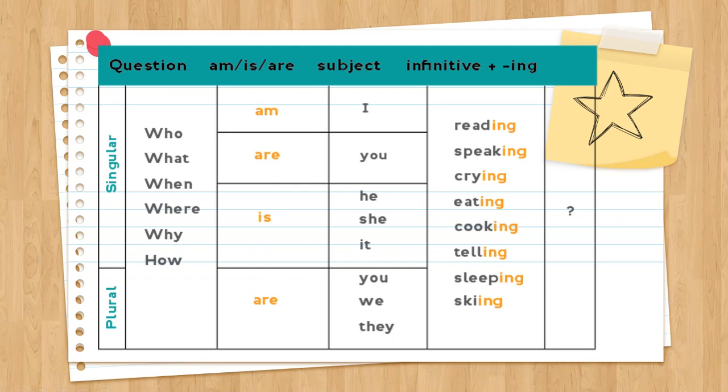Why is he telling? How are you sleeping? How are we skiing? How are they telling, or how are they cooking, or whatever. The main thing here is that this is the order you have to use to construct sentences in present progressive.